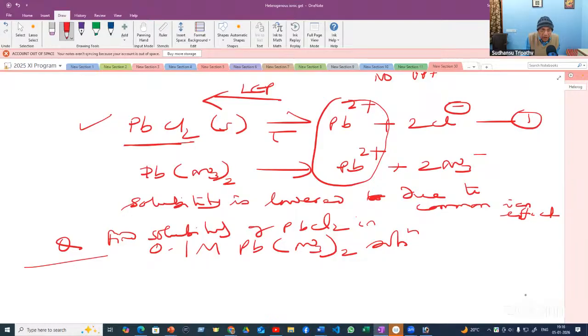So here, let the solubility be X. Before we were doing it as S, let me change it to X. With the common ion effect, with the equilibrium driven further to the left and getting a final equilibrium, let the solubility be equal to X. So this will be X, this will be 2X. This is the uncommon ion. But the actual lead ion concentration is X plus 0.1, that is coming from this source.